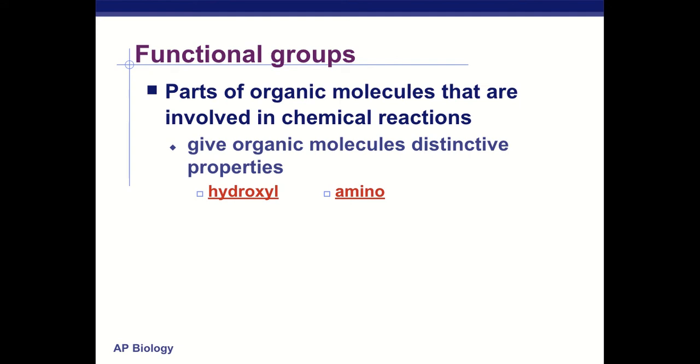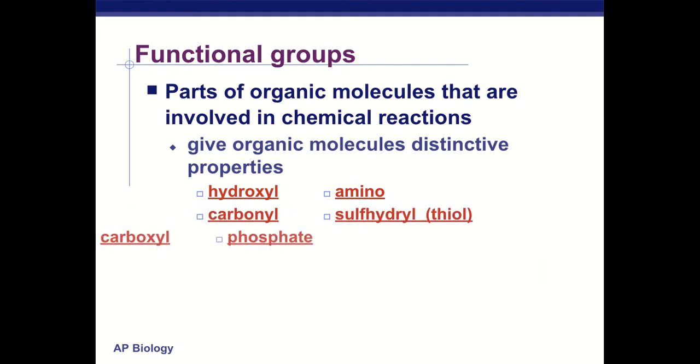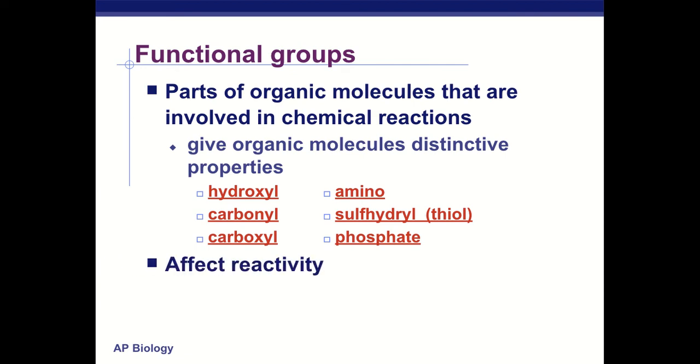reactivity, etc. And here are the 6 that you should know: hydroxyl, carbonyl, carboxyl, amino, sulfhydryl, and the phosphate group. They affect reactivity, so how the reaction is going to occur. And remember, reactions are occurring millions upon millions a second.